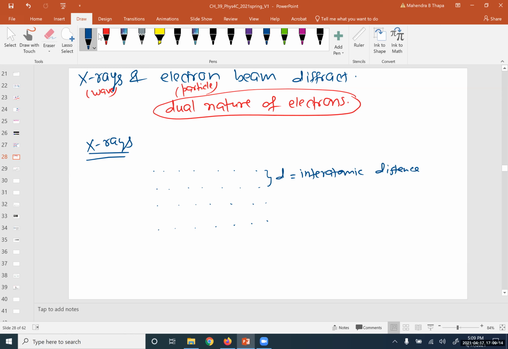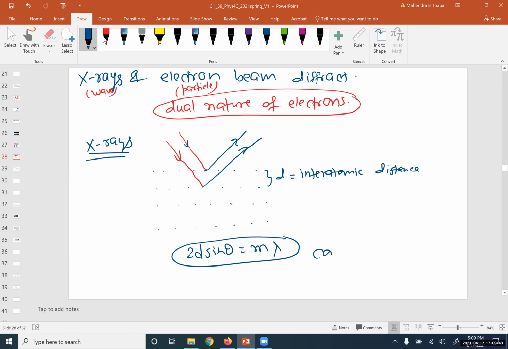We pass light of a given wavelength, and it can diffract from these particles. If you remember the previous case, it will diffract like this. This is the kind of diffraction phenomenon, and we know that for constructive interference we have 2d sin theta equals m lambda.